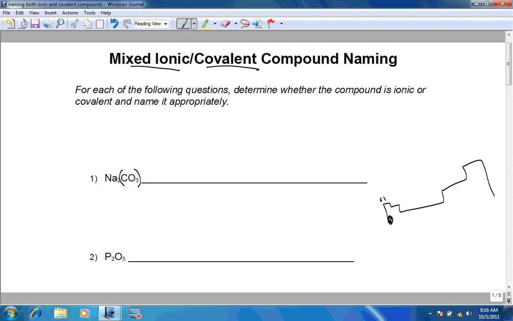And because it's a cation, it's going to be the ionic naming rules. So Na is sodium. Because I don't need any Roman numerals, I'm just going to go ahead and write the anion as well. So it's going to be sodium carbonate.